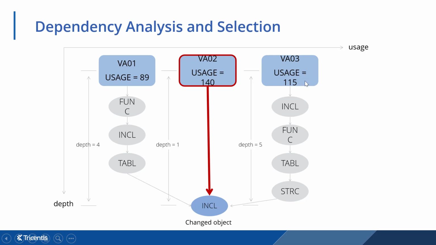For VA03, we have to go down 5 levels. But if we look at VA02, it's a direct call into that include. So in this case, the best executable to test that changing include would be VA02. And that's what we would put on our most at risk set of objects to test.